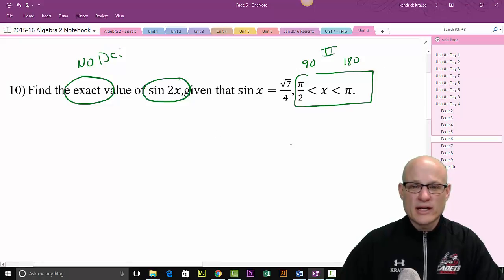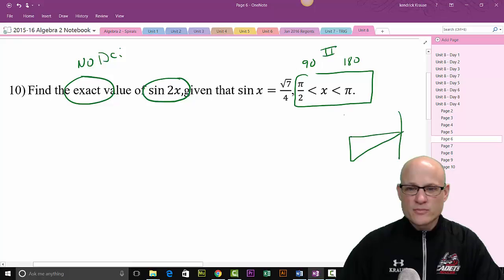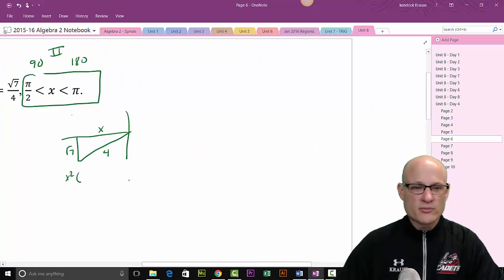All right, so let's see what we got here. So x is in quadrant 2. And sine is opposite, square root of 7, over hypotenuse, which is 4. We're missing this side, so we'll go x squared plus the square root of 7 squared equals 4 squared. Oops, that's behind my head.